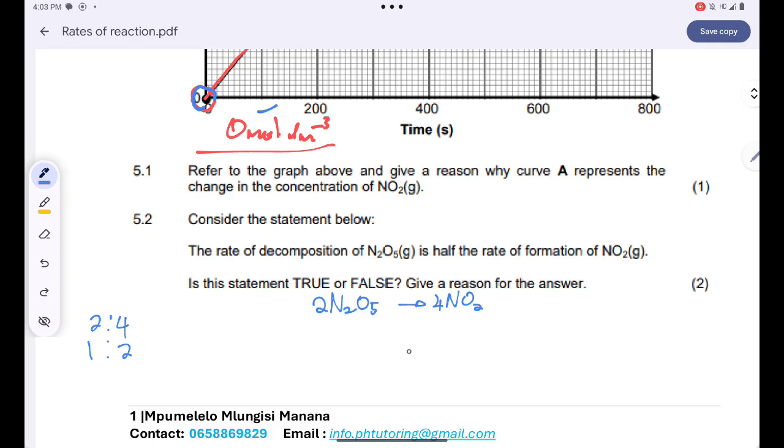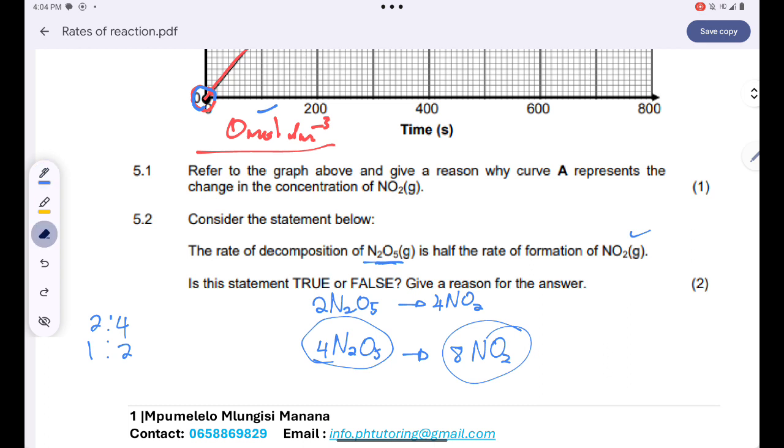So for me to form 8 moles of nitrogen dioxide, I need to decompose 4 moles of nitrogen pentoxide. So yes, the statement is true: the rate of decomposition of nitrogen pentoxide is half the rate of formation of nitrogen dioxide. I only need half of this to form whatever amount I need on the products. Are you together? Why? Because the ratio is simply 1:2.